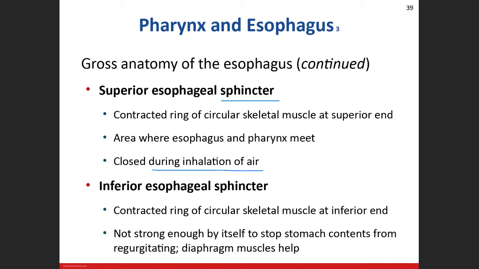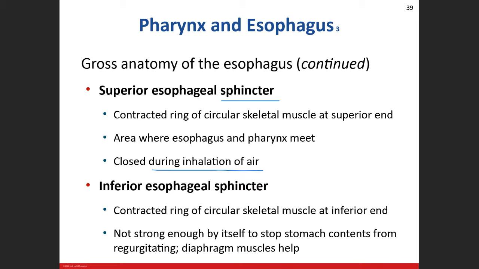And the common misconception with the inferior esophageal sphincter is that it prevents the regurgitation of ingested materials. It does not. It plays a minor role, but people that have GERD or gastroesophageal reflux disease, it's not because of the inferior esophageal sphincter.